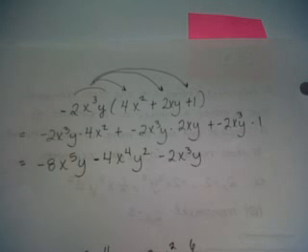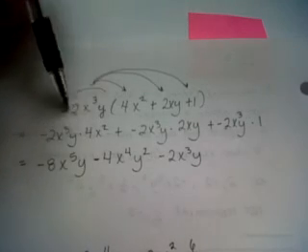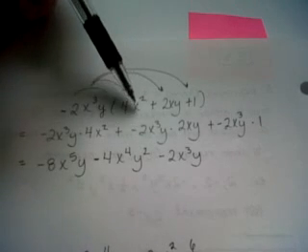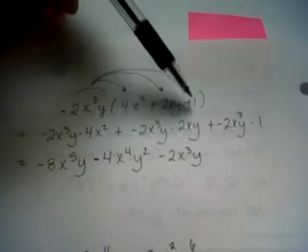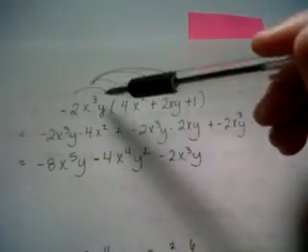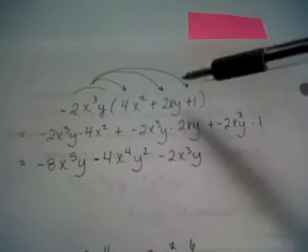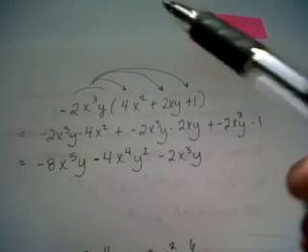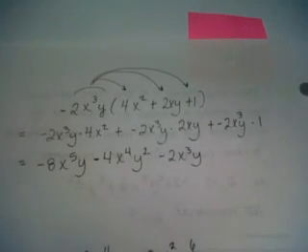Now let's take a look at some more examples. And in these examples, this is a monomial. This is actually called a trinomial because it has 3 terms. And so we're taking a monomial and we are multiplying it to a trinomial, a 3-term. And so what I'm going to do is use my distributive property.